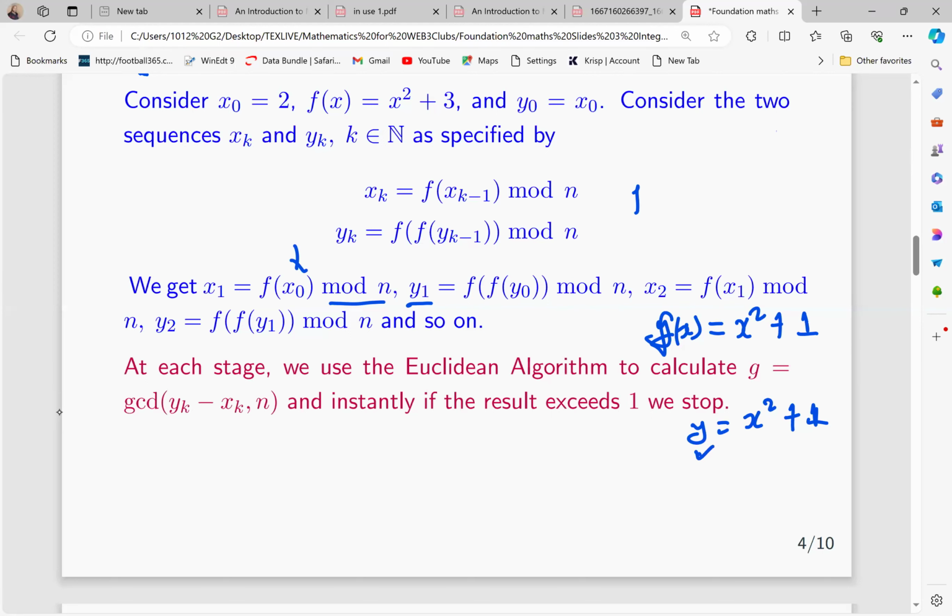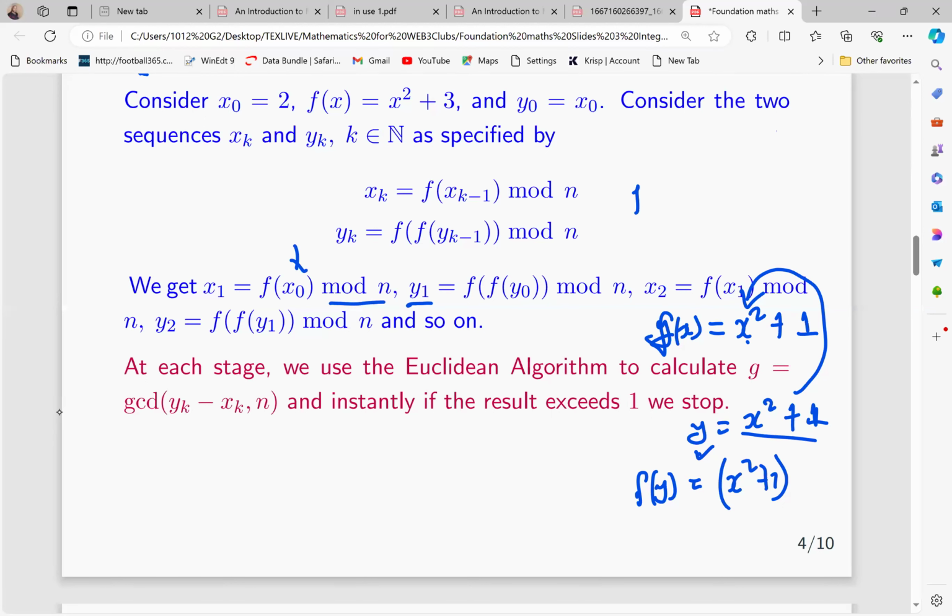Now, supposing I want to get the second y, what I'm supposed to do is to substitute this equation inside here. Where there is x, I put y. This is my y, x squared plus 1.